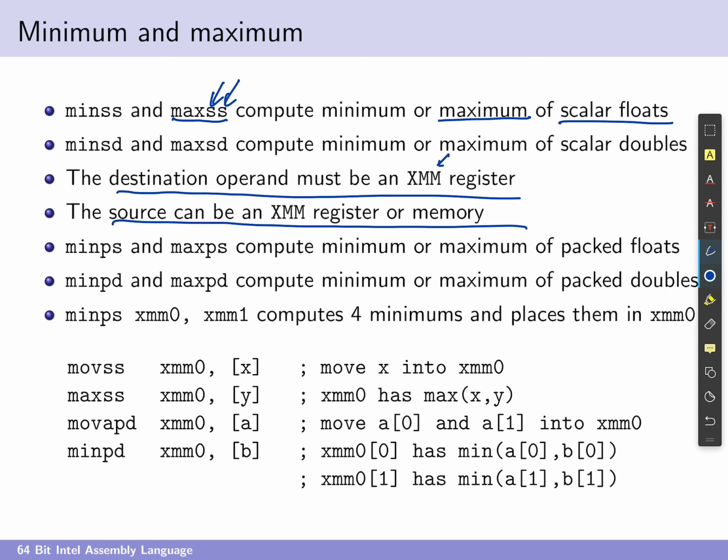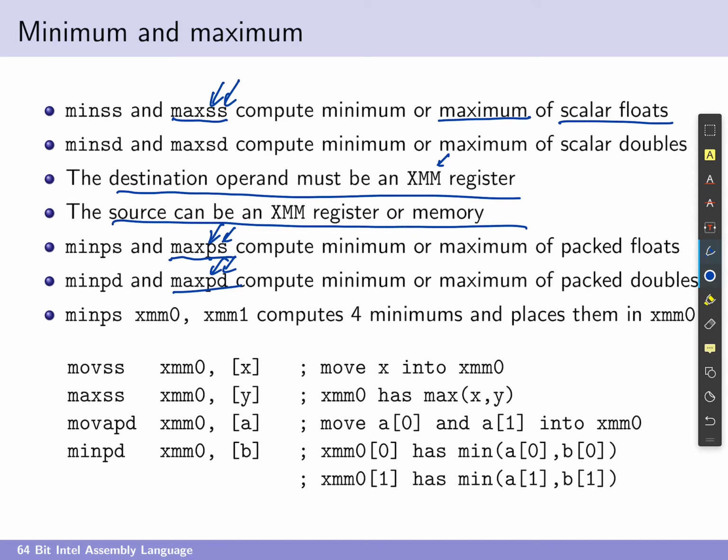Again, if you want to use the YMM versions, we just have to add that V. And what it will do is simply store, in the case of, say, minimum, the minimum of the two floats in the lower order register. That's not that exciting, however. What is more exciting is being able to perform the same calculation using packed. So here we have MAXPS, a calculation based on packed singles, or we can perform a calculation based on packed doubles.